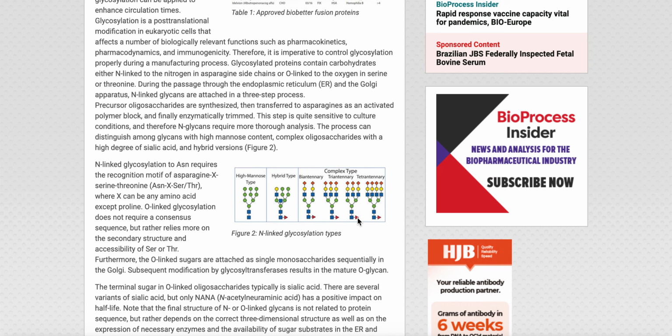This step is quite sensitive to culture conditions, and therefore N-glycans require more thorough analysis. The process can distinguish among glycans with high mannose content, complex oligosaccharides with a high degree of sialic acid, and hybrid versions.